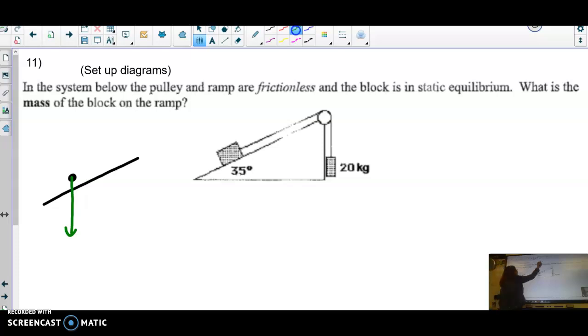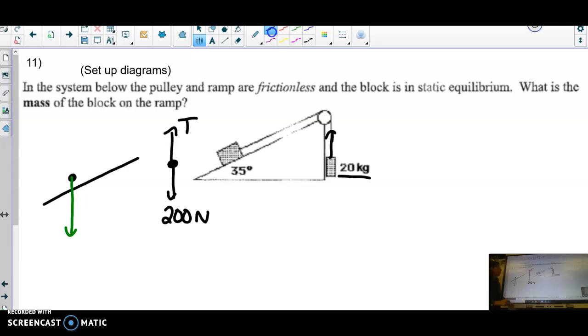I do know that I also have this object over here. It has a weight of 200 newtons, 20 times 10, and there's also a tension pulling up. Now, because this 20 kilogram object is not moving, these two actually need to balance. So the tension in the rope has to be 200 newtons.